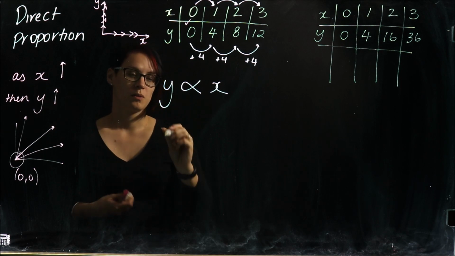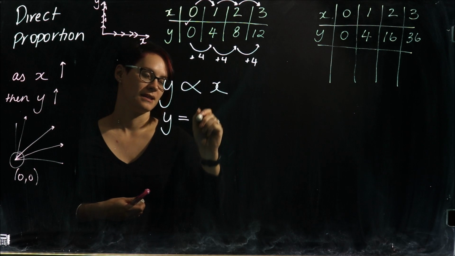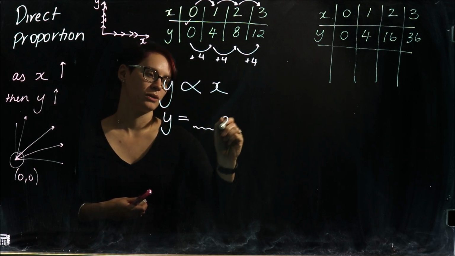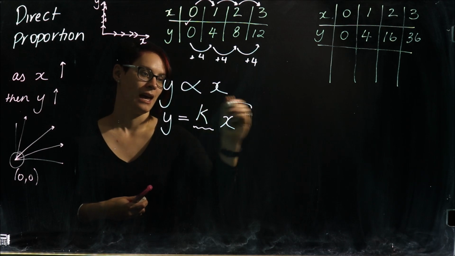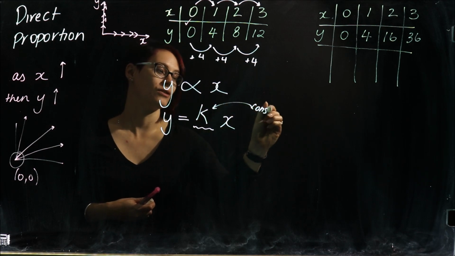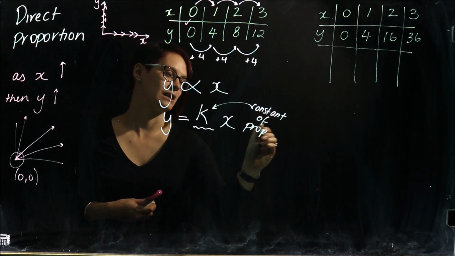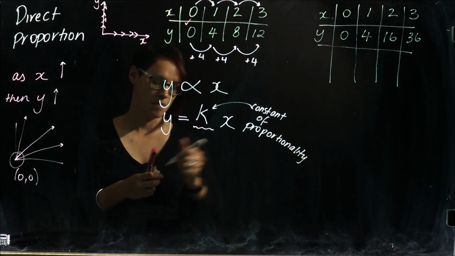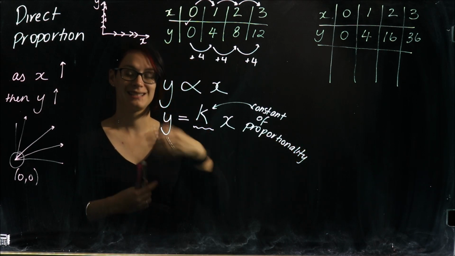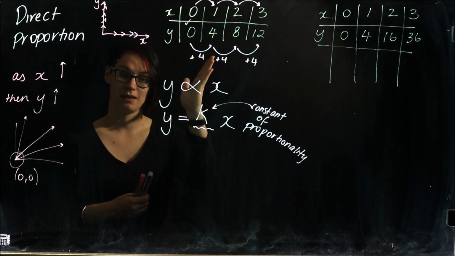So what we want to say is y is equal to some number multiplied by x, and that number we are going to call k, and k is called the constant of proportionality. It's the number that we multiply by x to get our y value, and it's the gradient of how steeply it is climbing in that graph.